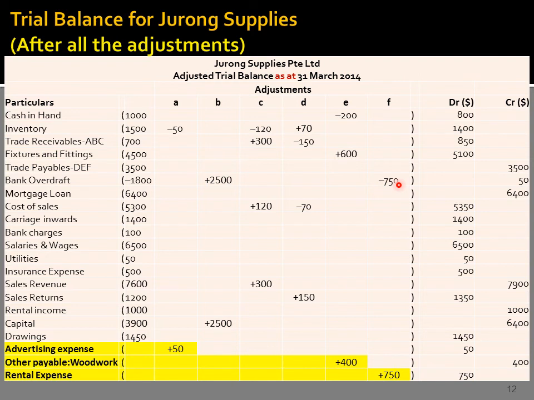The adjusted amount will be negative $50 in the bank account. A negative $50 in the bank account indicates that the business owes the bank $50, and this is a bank overdraft of $50 as shown as a $50 in the credit column.